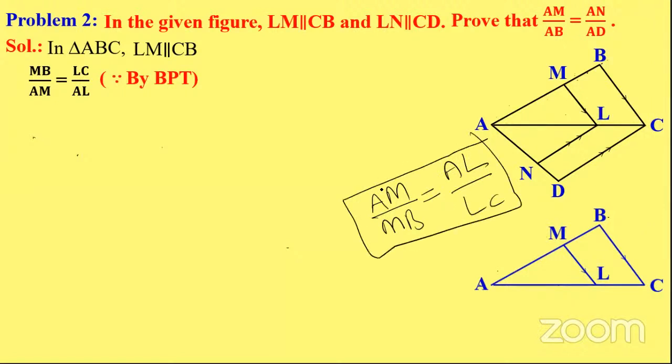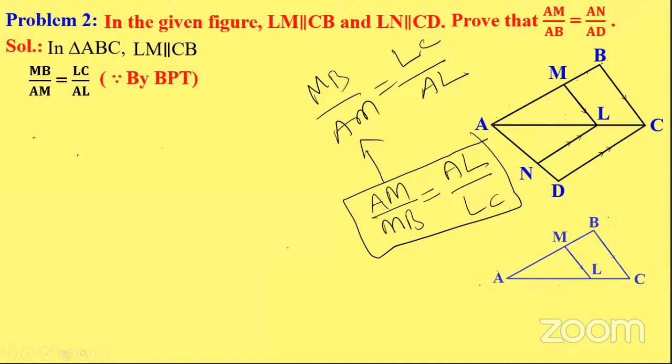Now reverse both sides: MB by AM, LC by AL. This is the statement when we reverse the triangle. Both are correct. Now I am taking the second one: MB by AM is equal to LC by AL by the basic proportionality theorem.